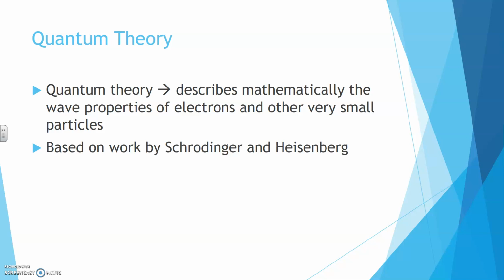Then you have Heisenberg and the Heisenberg uncertainty principle, which states that you cannot know both an electron's location and its speed at the same time. You can know one or the other. The fun thing about electrons is that when you observe them, you change them. It makes it really difficult to study a lot of this.